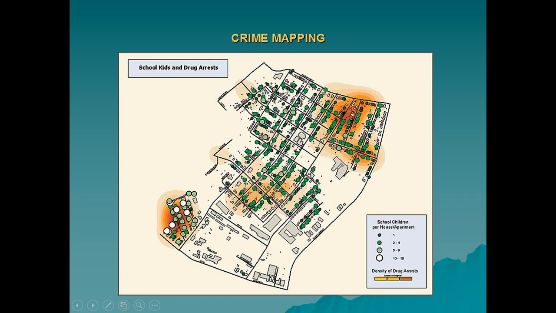Alright, so we overlay the two sets of information on each other, and we should be able to determine relationships. So for example, we see we have some hot spots here. We have large circles overlaid on top of some dense areas. So this seems to be a problem area here. We also seem to have a bit of a problem area here.